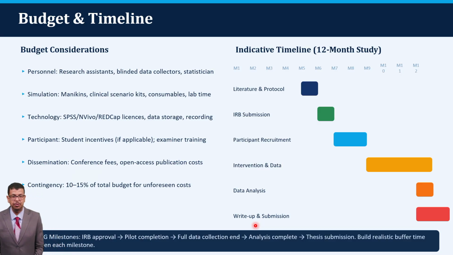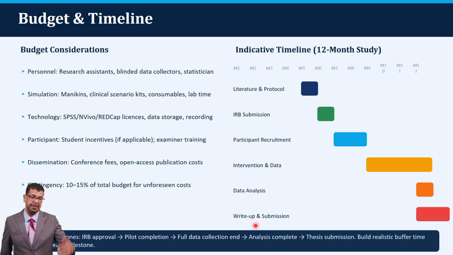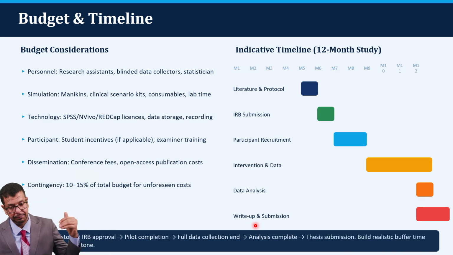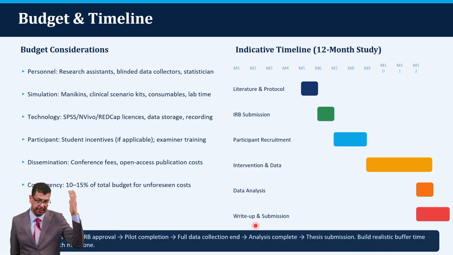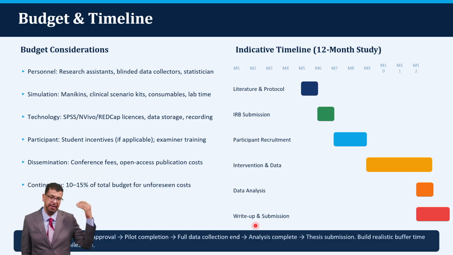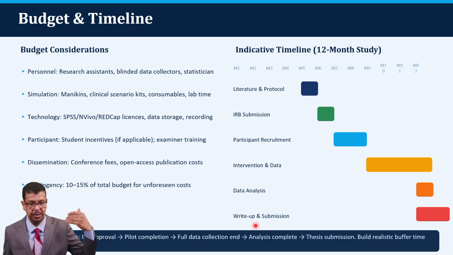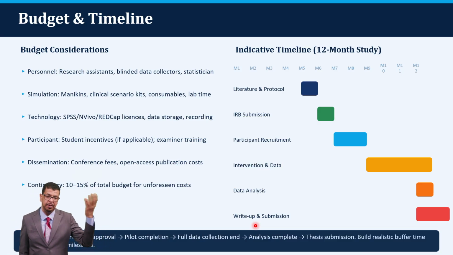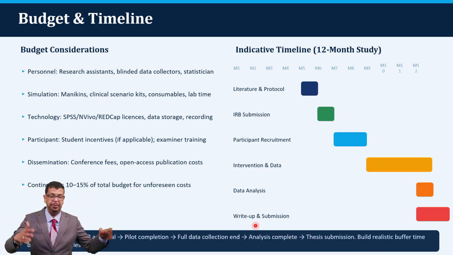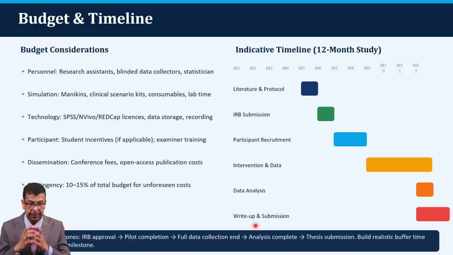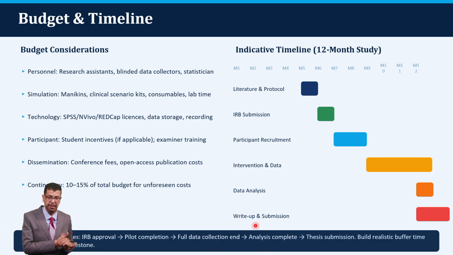It's very important to consider the budget for your research and the timeline, starting from developing your protocol to obtaining the academic approval from your supervisor, then ethical approval, then development of the data collection tools, validation of the tools if quantitative, then collecting the data, analyzing the data, writing the report, and maybe dissemination and so on.